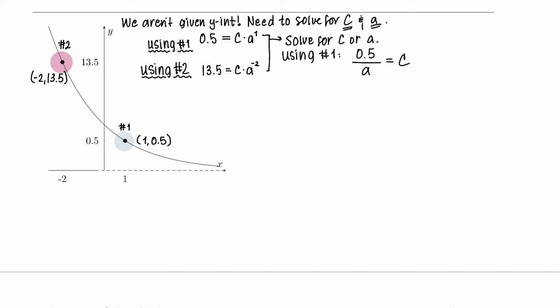Okay, so what I'm going to do is take this expression and plug it into the other equation, and then I'm going to get something that's completely in terms of A. So let's just go ahead and do that. I get 13.5 is equal to 0.5 over A times A to the negative 2.